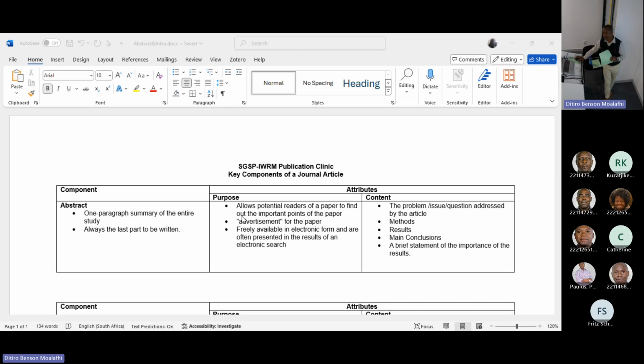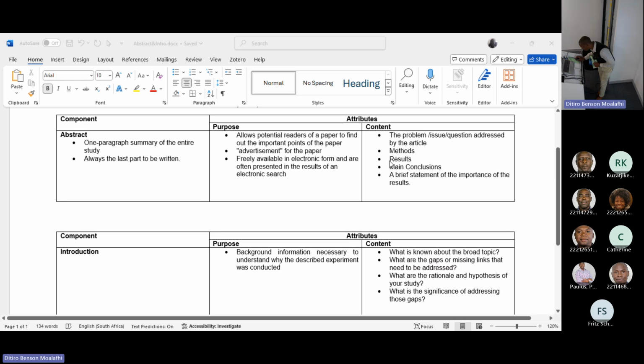There is no better way to have a great entry to your work than through the title and the abstract. Very, very key. So the content of the abstract, as indicated, usually starts with the problem or issue or questions addressed by the article, methods, results, main conclusions, and a brief statement of the importance of the results, which is very, very key. We are always looking for this.